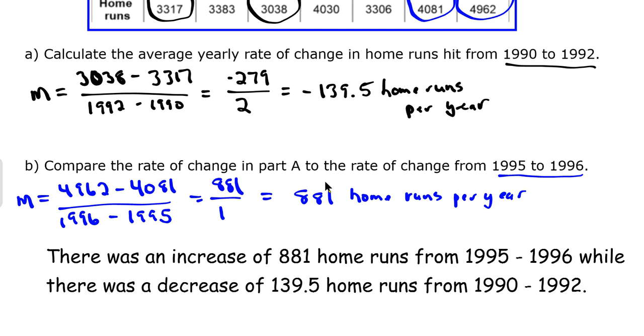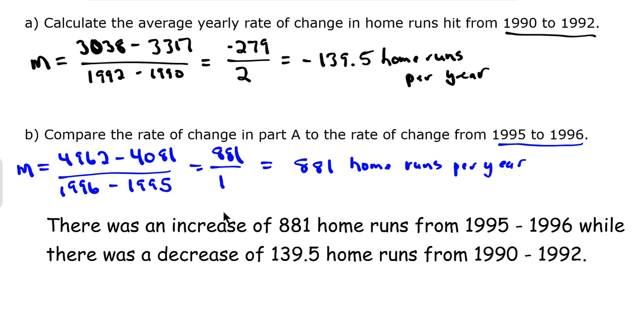Then we compare to the rate of change from 1995 to 1996, which is 181 home runs per year. So there was an increase of 181 home runs from 1995 to 1996, while there was a decrease of 139.5 home runs from 1990 to 1992, probably because there were more steroids used.